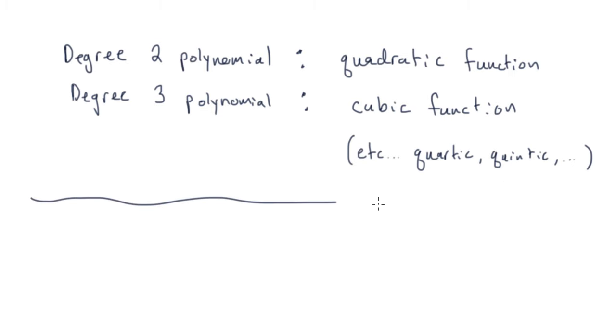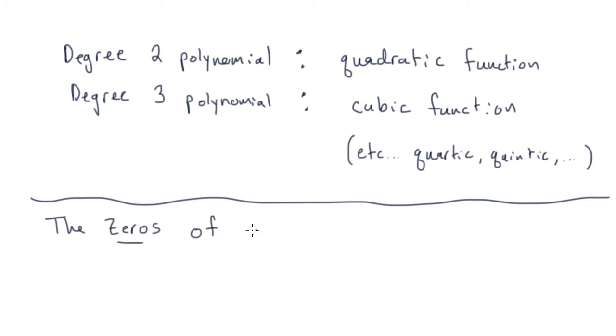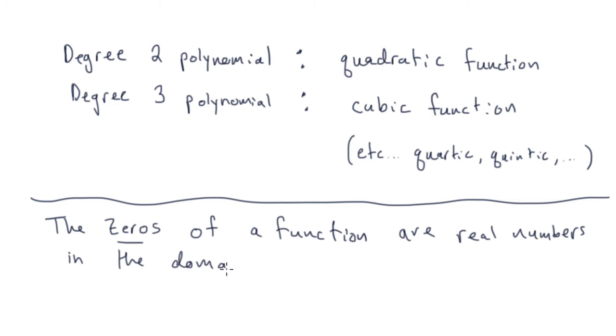So this next point is actually something true about all functions in general, but it's discussed a lot with polynomials. So the zeros of a function are real numbers in the domain of the function. So let's say our function is f.